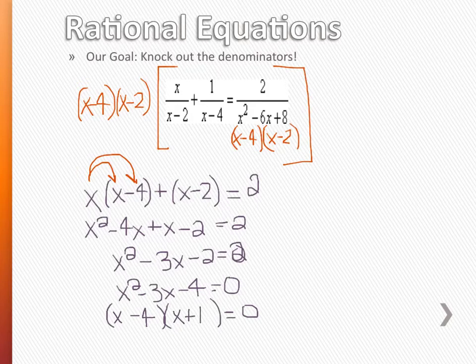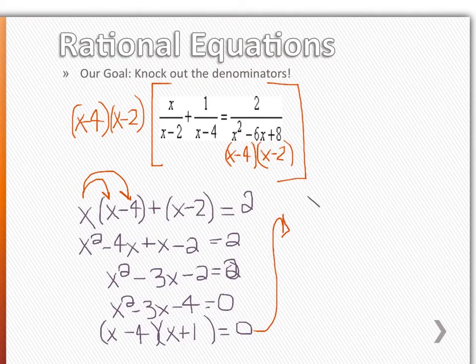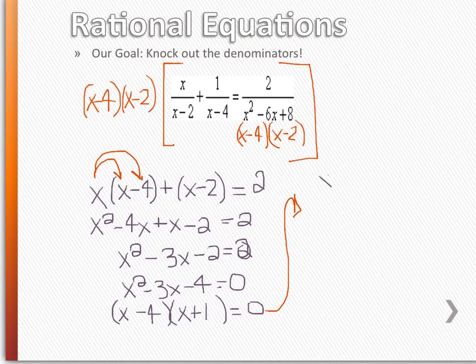Now here we want to set each factor equal to 0. So x minus 4 equal to 0 and x plus 1 equal to 0. Solving for x in both cases, we would get x equals 4 and x equals negative 1, and those would be our solutions.